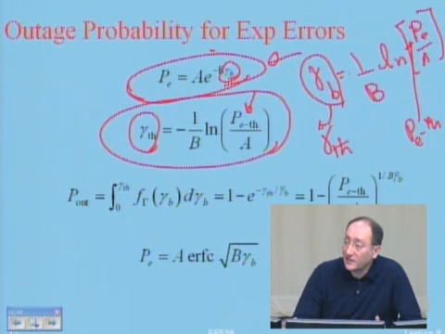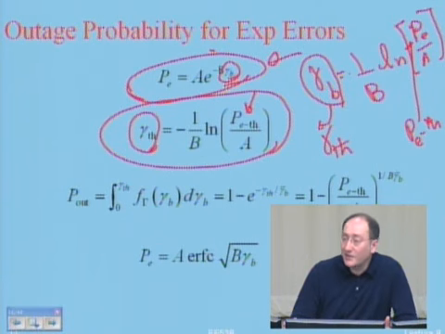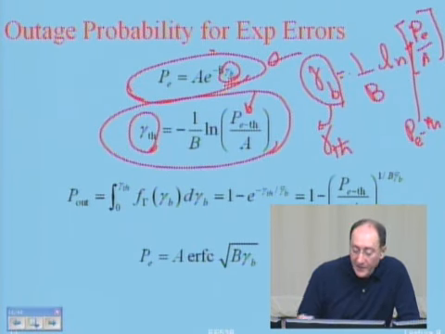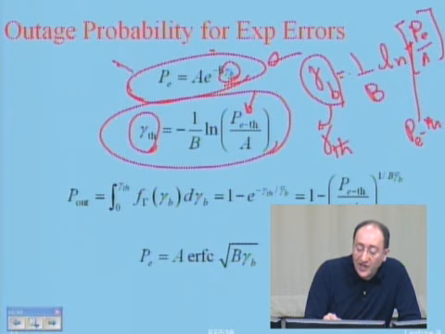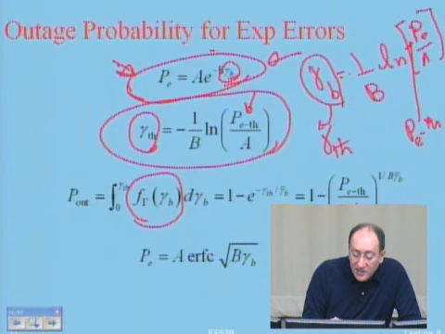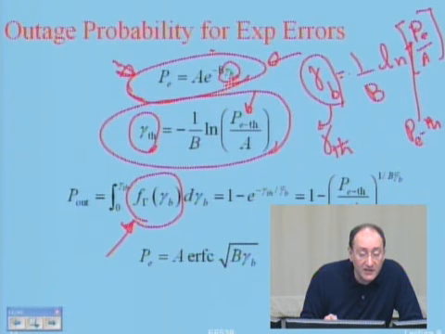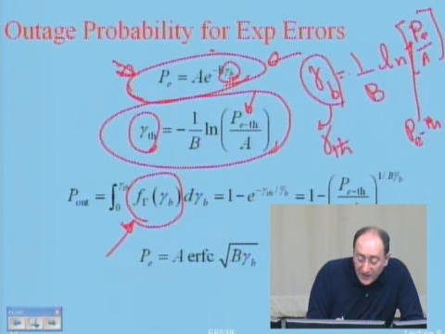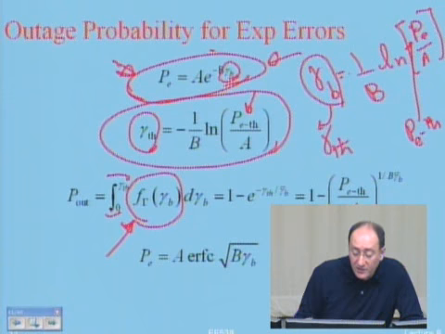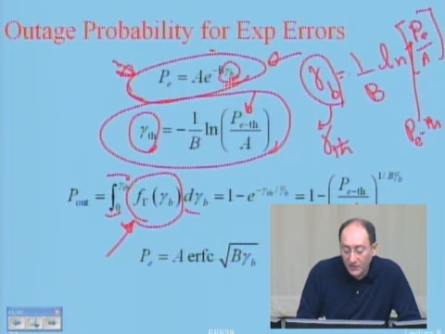When I have calculated the threshold signal to noise ratio, the probability of outage is very simple, really. I don't need this function anymore. What I need is the distribution function of signal to noise ratio, which was what? Exponential in Rayleigh fading channels. And integrate that between 0 and gamma sub t over d gamma b.